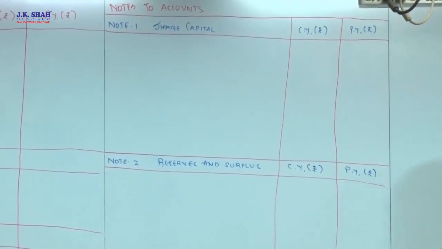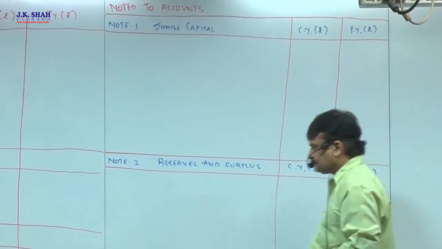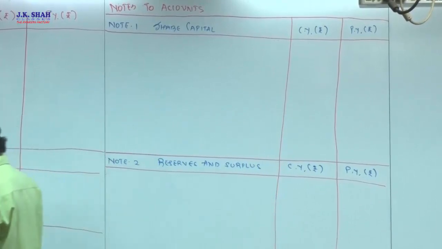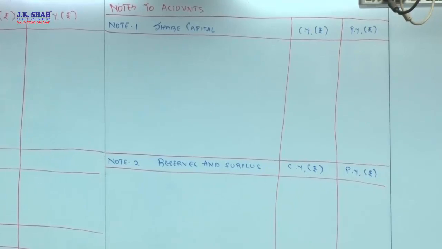Leave 4-5 lines blank. Next, note 3, which is note 3 for you. Long-term borrowings.